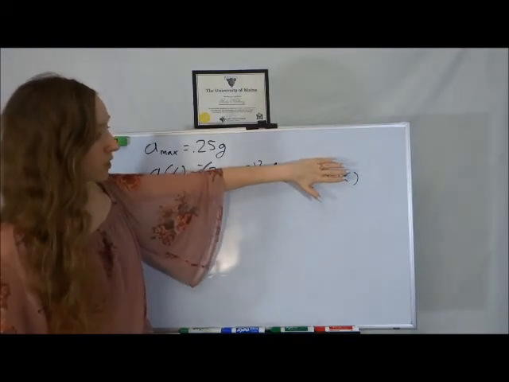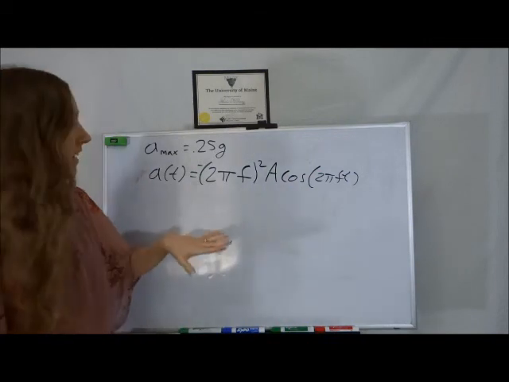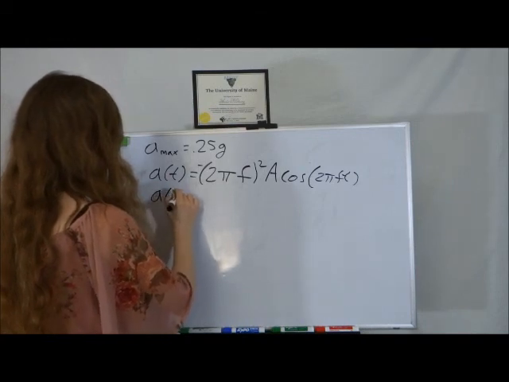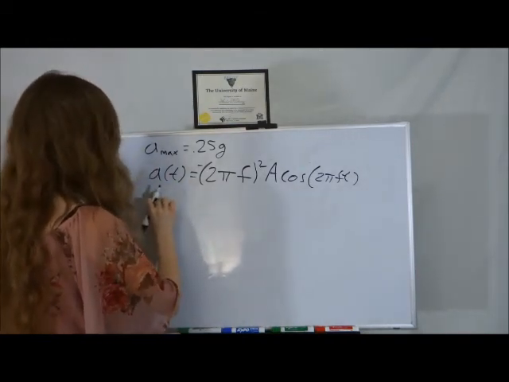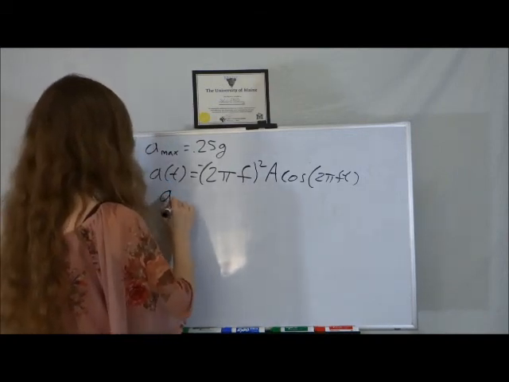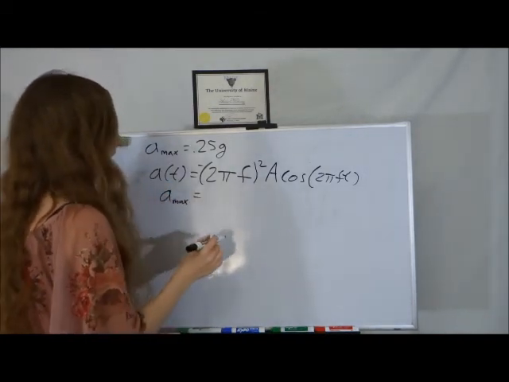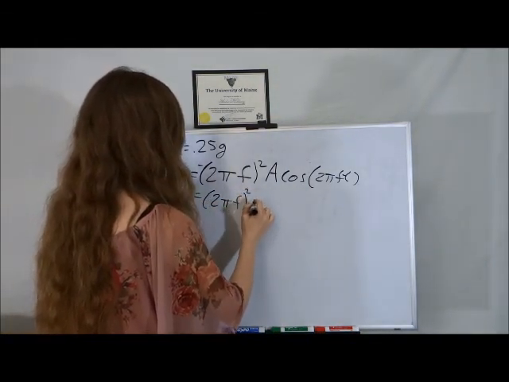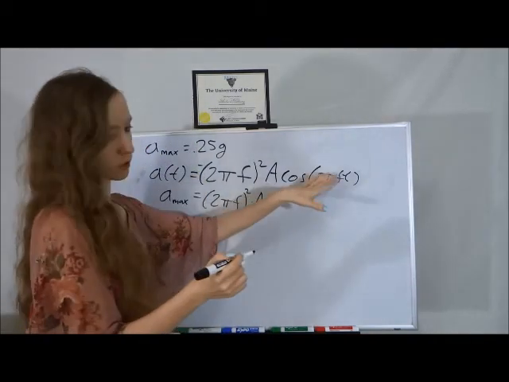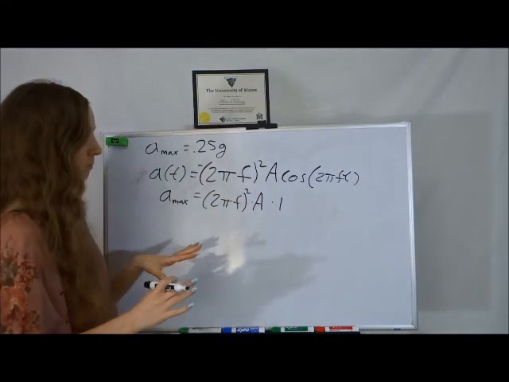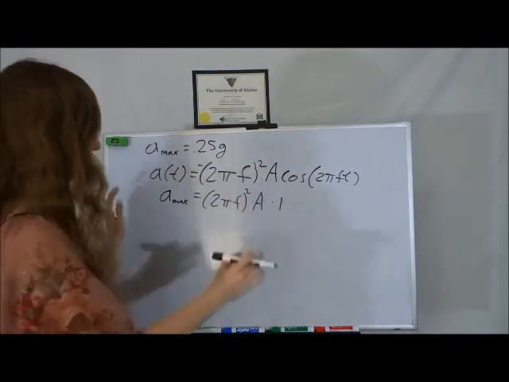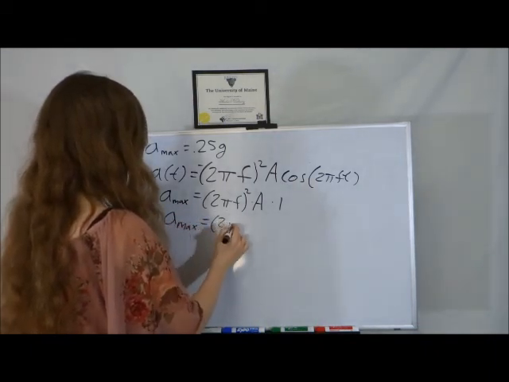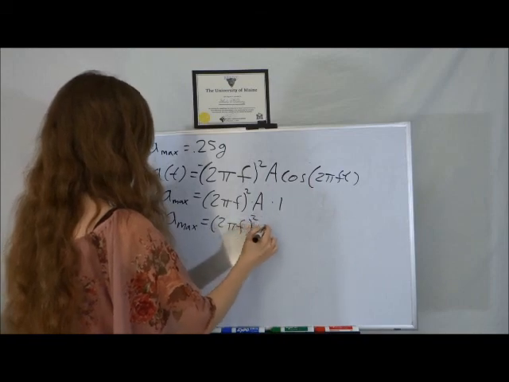So we can get rid of the cosine piece and the negative sign because we only want the maximum value, and rewrite this as A max is equal to 2 pi f quantity squared times A, and then we're just going to do times 1 because that's what we're replacing the cosine bit with, but the 1 is not going to make a difference here. So A max is ultimately 2 pi f quantity squared times A.